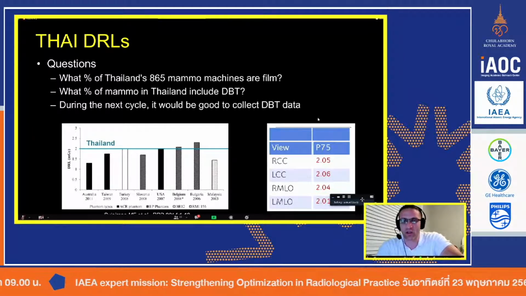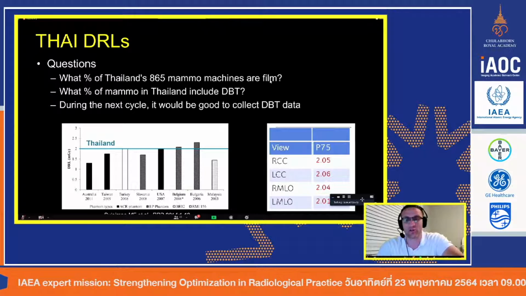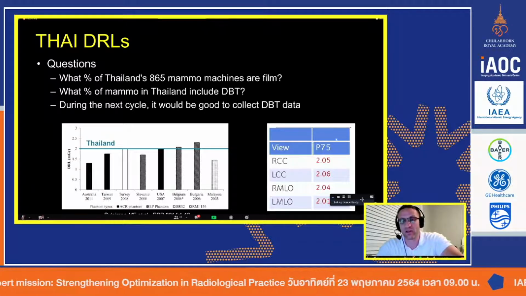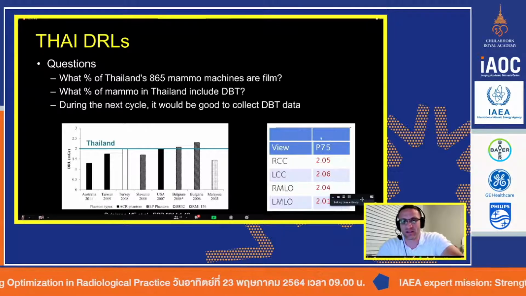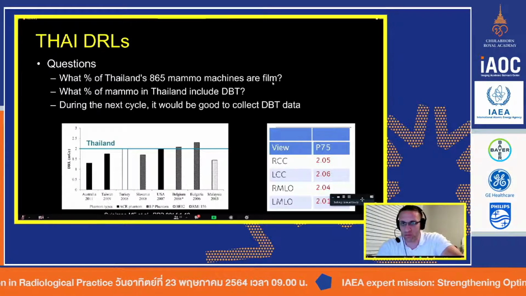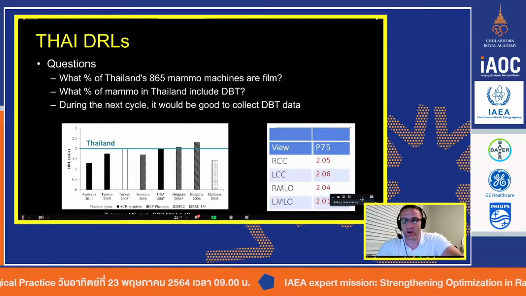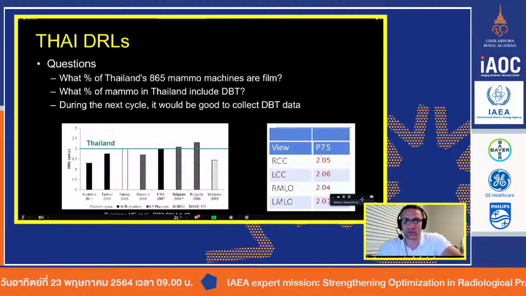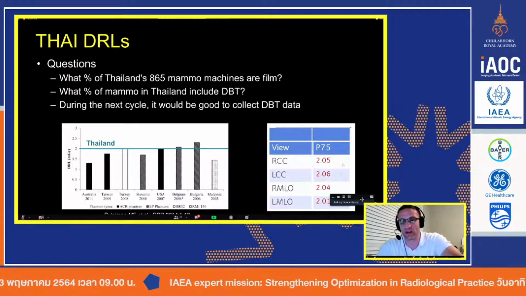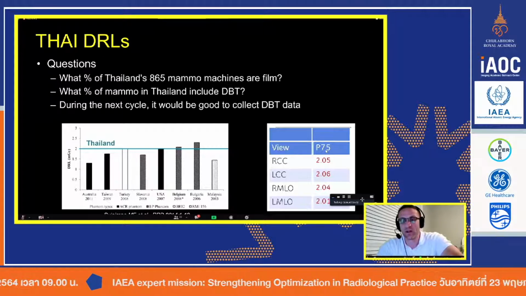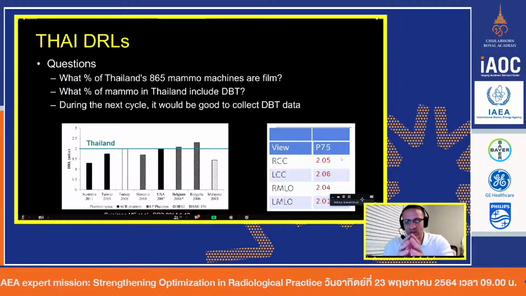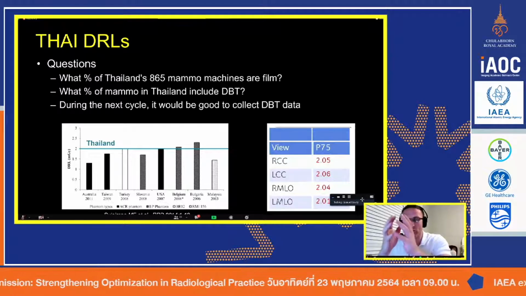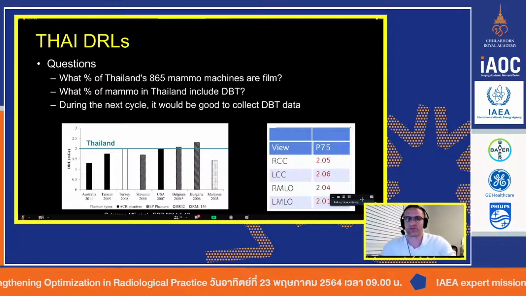If there is a certain percentage that are film and persisting in film, then you should probably include a DRL for film. My guess is you are mostly modern, mostly digital. So that's probably why you've only included digital. I assume this is an average of the median value, and it's predominantly digital is what I'm trying to say.